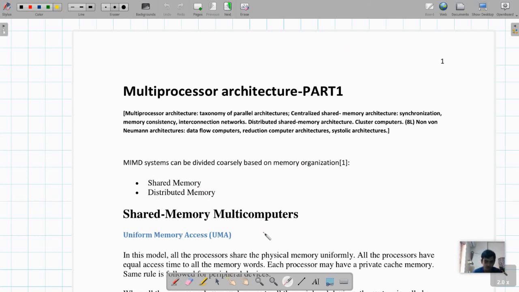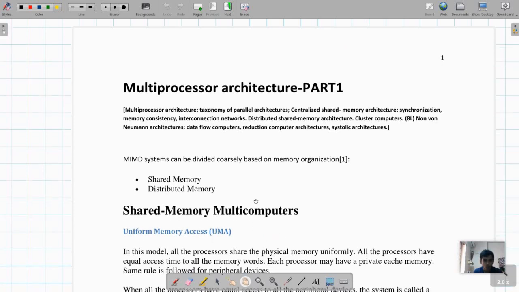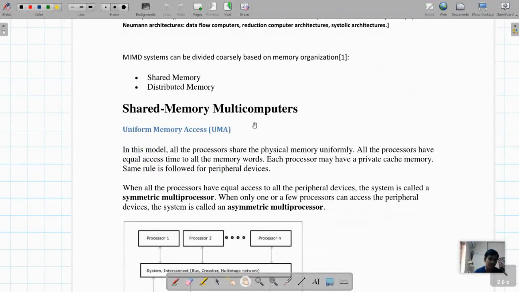So what are the basic ideas behind this classification?